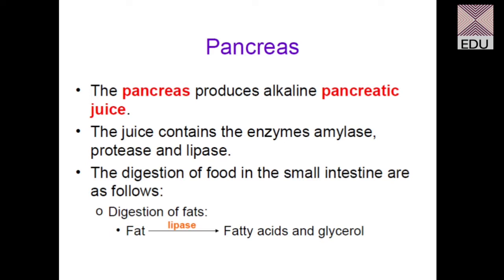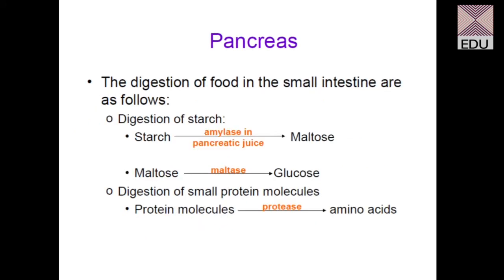So the digestion of the food in the small intestine is just like this. If you are taking fat, it is digested by the lipase from the pancreas into fatty acid and glycerol. And if we are taking starches, they will be digested by the pancreatic amylase to maltose, and maltose into glucose by pancreatic maltase.